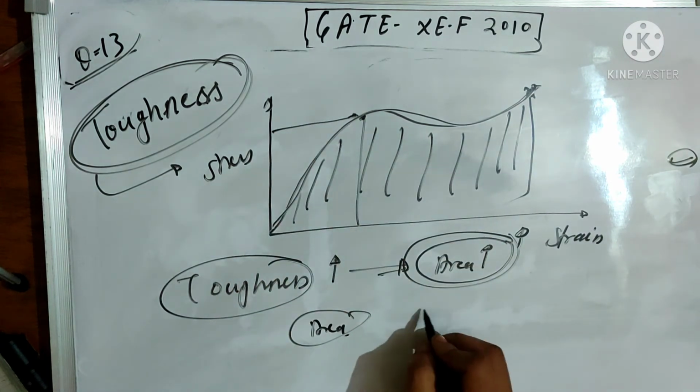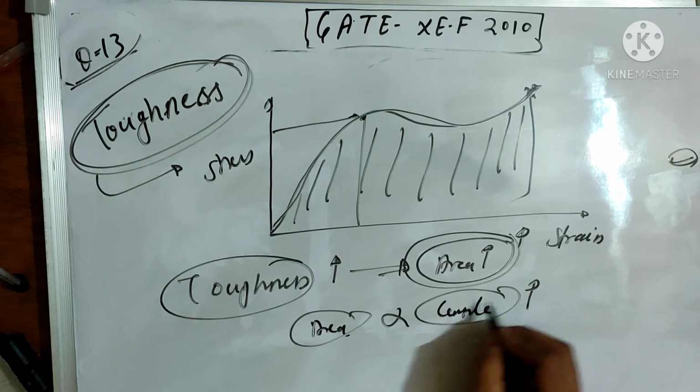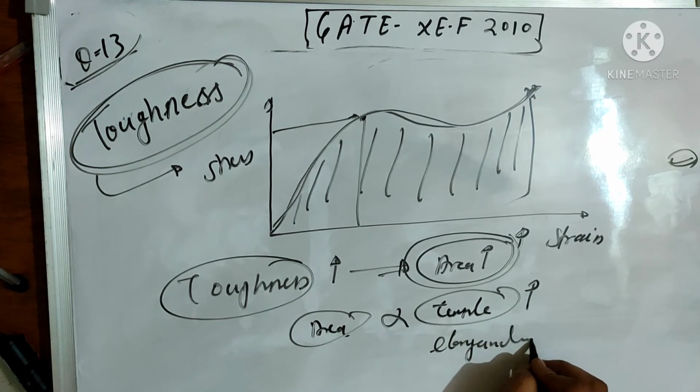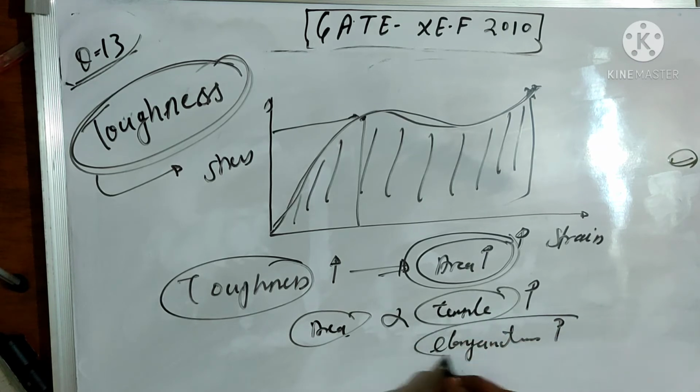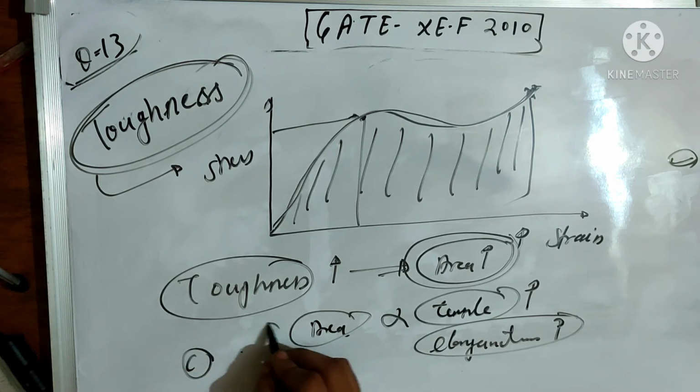The area increases when the tensile strength of the material increases and also the elongation is high. So after checking the options, we can see in option C, high tensile strength and high elongation give high toughness.